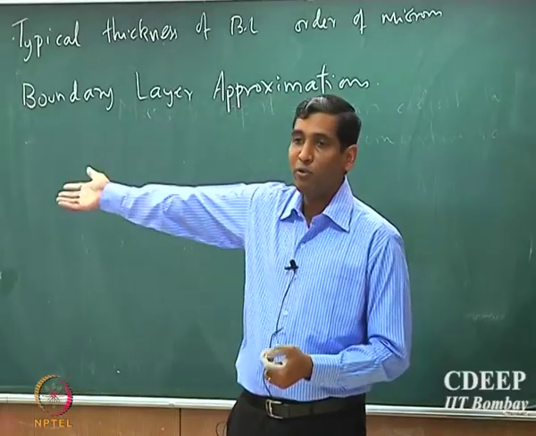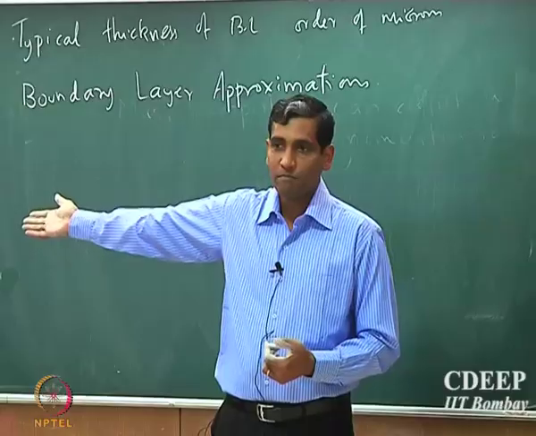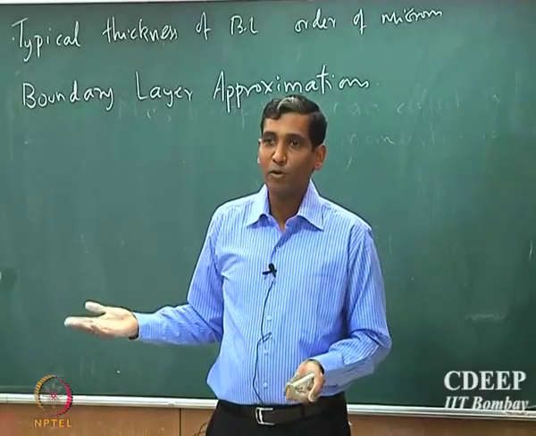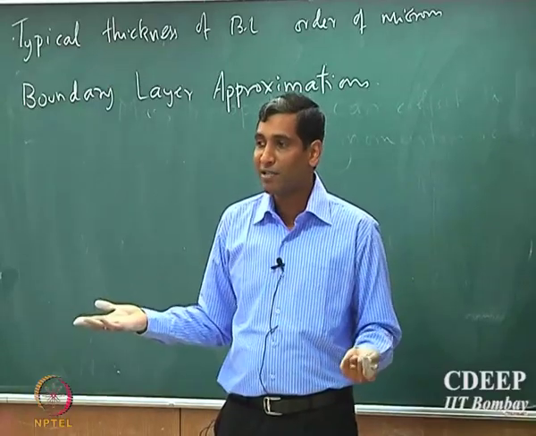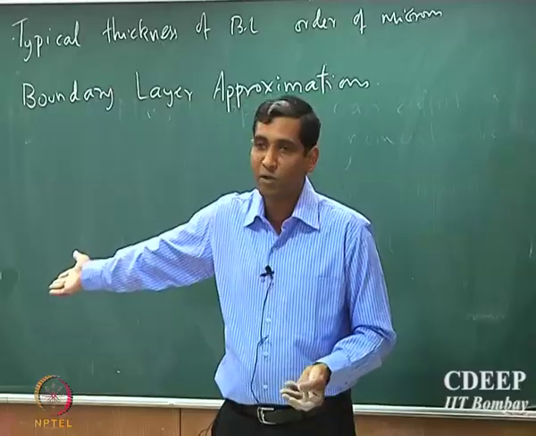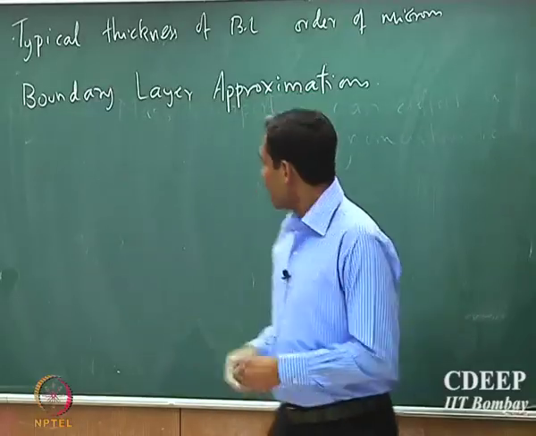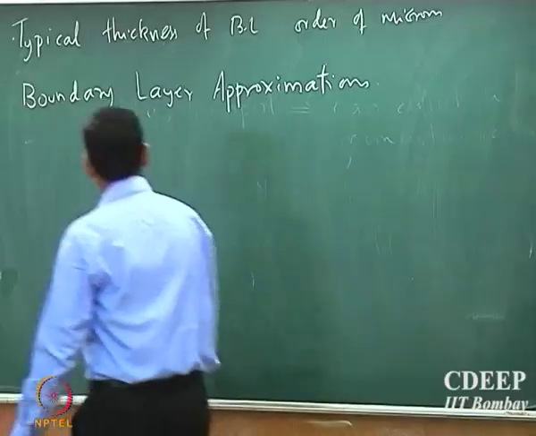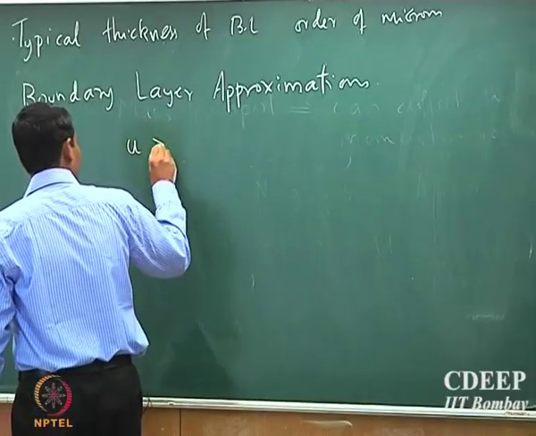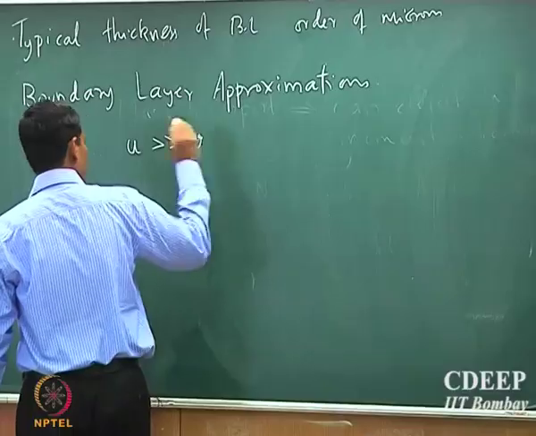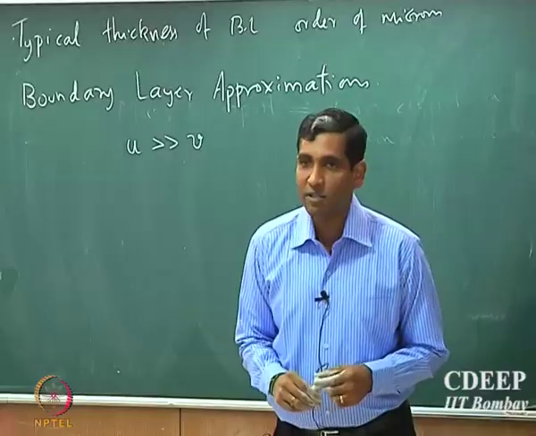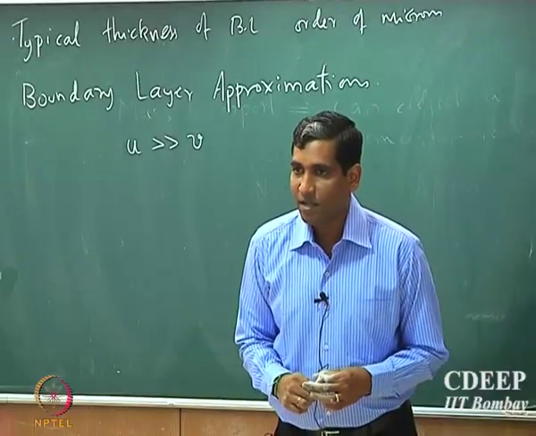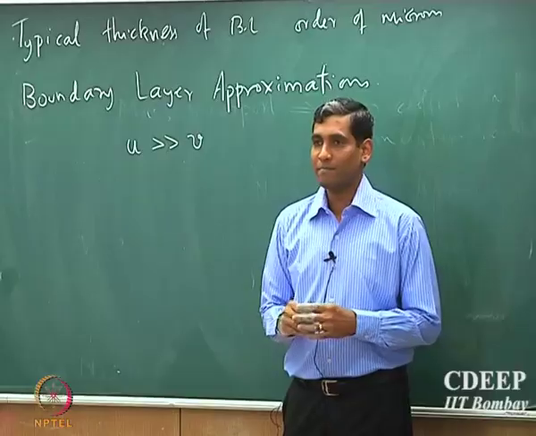One could go and solve all this numerically. No one stops anyone from doing that. One could solve them all numerically, but you don't get any major insight by simply brute force solving them. Okay. So we can introduce boundary layer approximations, and the first approximation is that the x component velocity is much larger than the y component velocity. Now why is this justified?